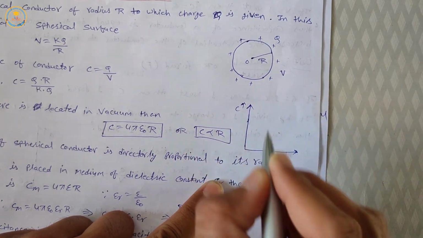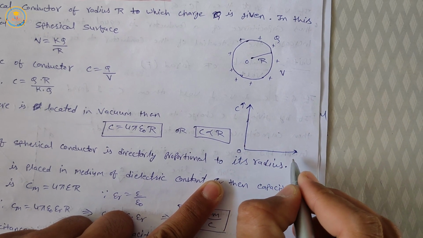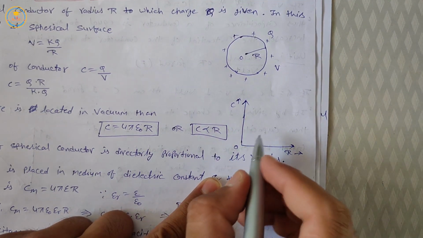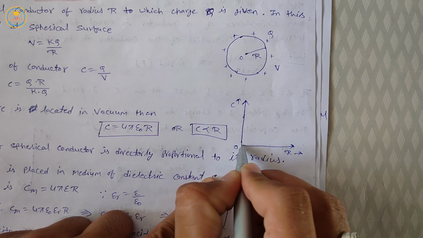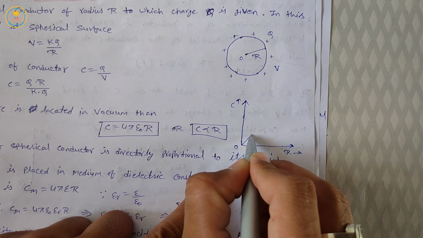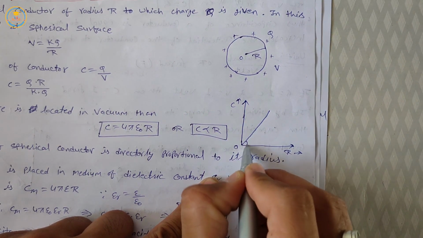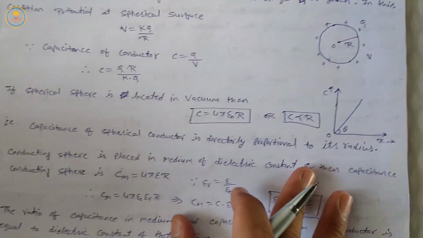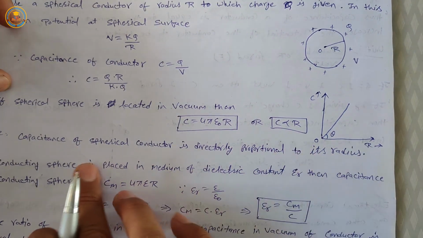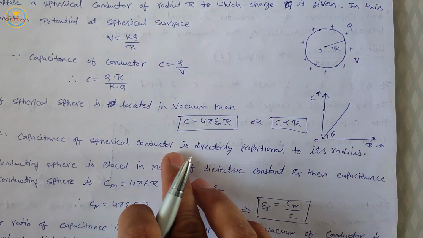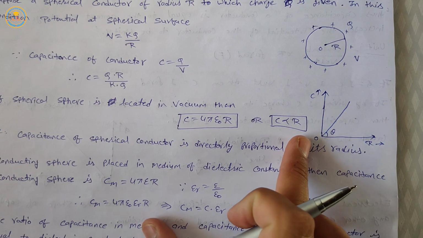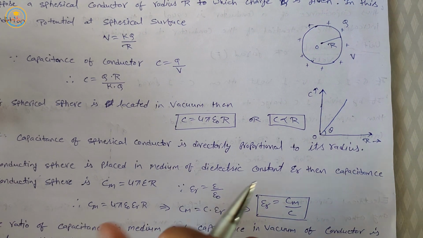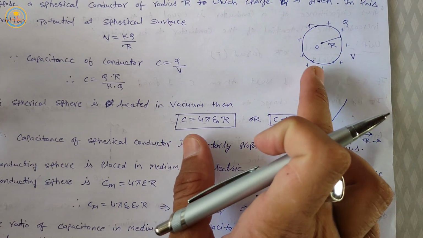This is electric capacitance, and this is the radius of the sphere. According to this formula, the graph between C and R is a straight line passing through the origin. So the capacitance of a spherical conductor is directly proportional to the radius of the spherical conductor.